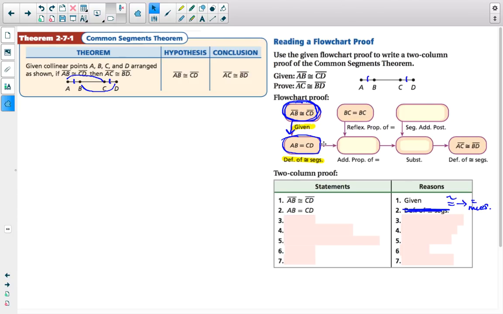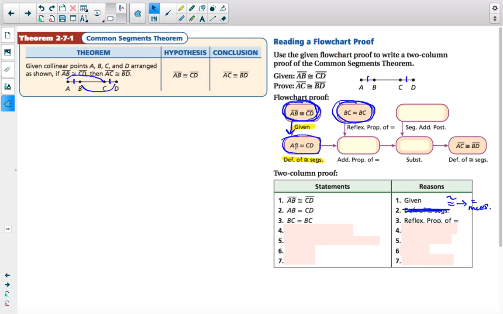Now you'll notice this arrow goes to this guy, but it also has an arrow from here, which means that this one is going to be our next step. Because clearly we can't have this box until we have this one. That's what the arrow means. So you'll notice our next one says that the length of BC is equal to the length of BC. Well, that's just the reflexive property of equality. Something's always equal to itself.